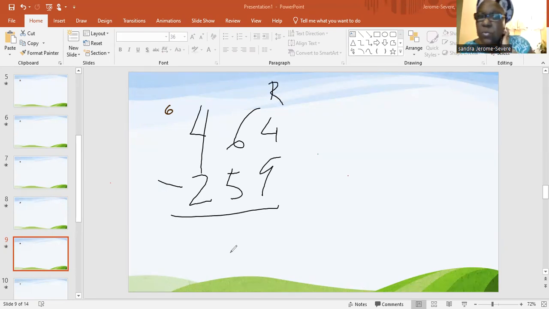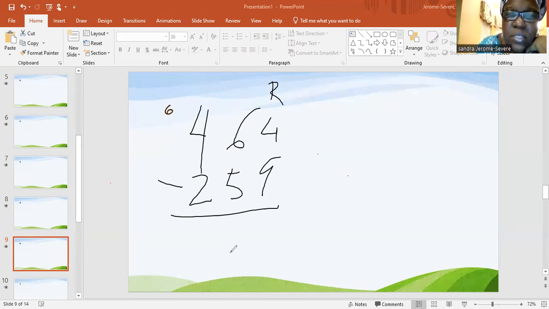The next 2 slides that I'm going to do, make sure you do it yourself also. Start on the right. 4 minus 9. Show me 4 fingers. Can you take away 9? No. So you go to your next door neighbor. I'm gonna make it a different color so you can see.